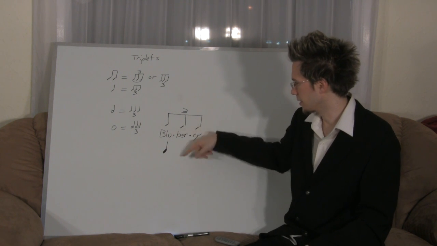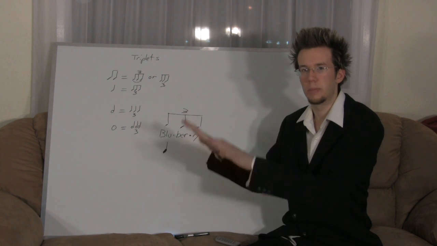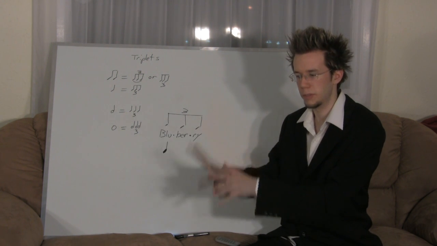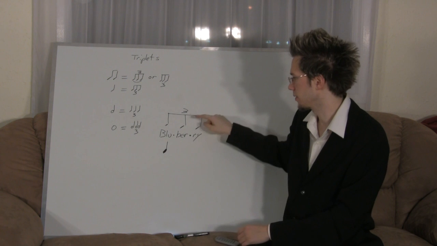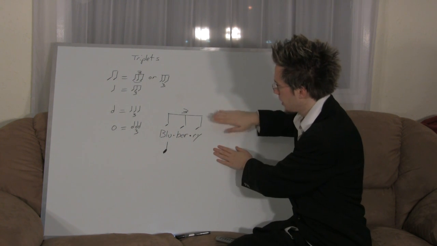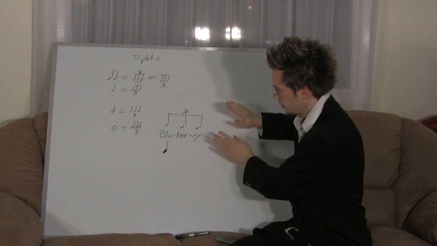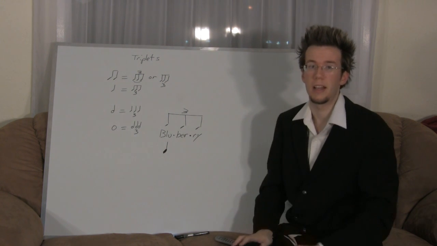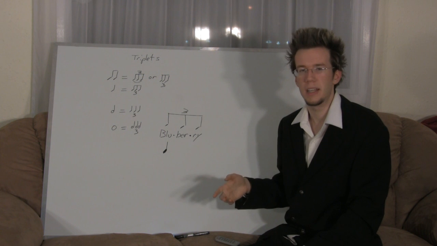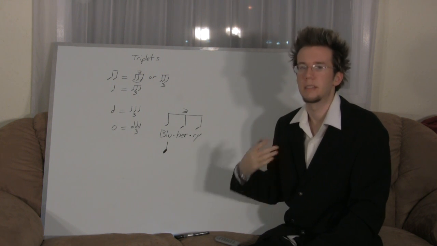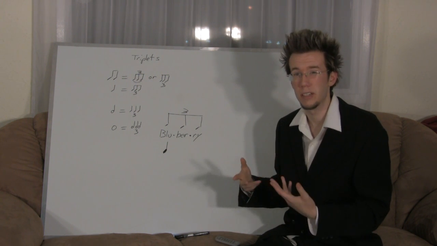if I was playing this together with my right hand and my left hand, I would play both notes down together and I'd go blueberry with my right hand. So it's like blueberry, blueberry, blueberry, like that. So see how with the 3 it has this dun dun dun kind of a feel to it?